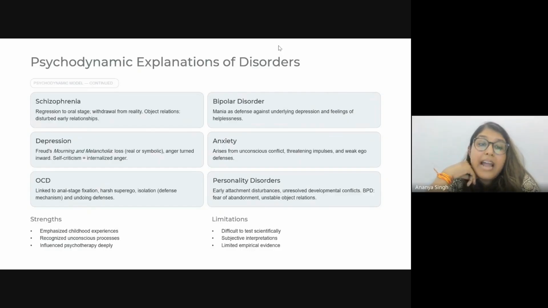Isolation is basically some other stressor apart from the object of obsession. I'm stressed and anxious about that, and I completely detach my affect from it and attach it to something neutral, say dirt.